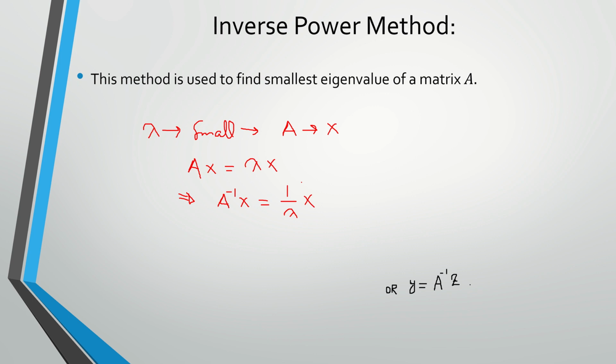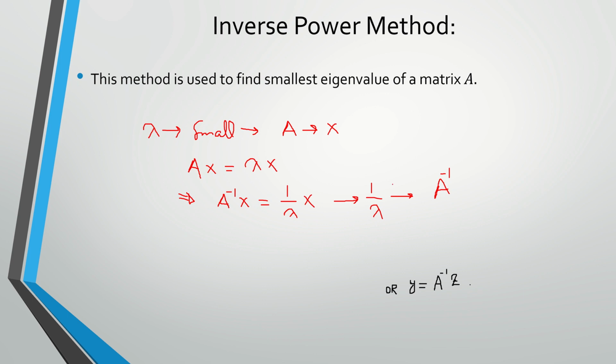What does it mean? It means 1 over lambda is the eigenvalue of what? 1 over lambda is the eigenvalue of A inverse. And that will be the largest eigenvalue, because lambda is the smallest eigenvalue of A, so 1 over lambda will be the largest eigenvalue of A inverse.